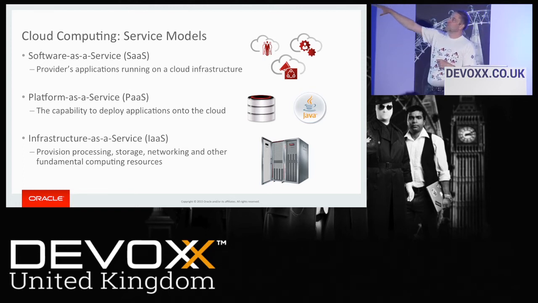Then you've got platform as a service. And this is really, I would say, probably the most popular thing at the moment: the idea that you are provided with a platform where you can deploy your own applications. So rather than using an application that somebody's already created, you are able to deploy an application onto that platform. And that requires the kind of platform that we deal with in terms of Java.